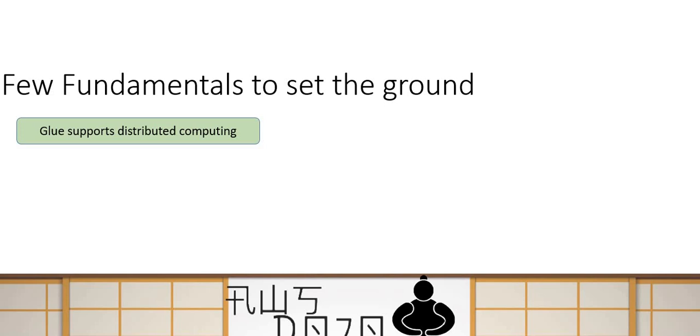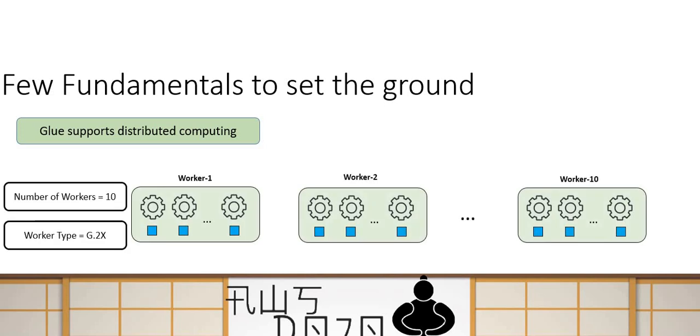Now, the second fundamental is Glue supports distributed computing. What does it mean? So when you create a Glue job, you have a choice to select a worker type, and then you can select multiple number of workers. And depending on how many workers you have selected, those many execution instances are created. And then in each of these workers, multiple tasks are created. And each of these tasks is responsible for processing a part of your data which you want to process in your ETL job.